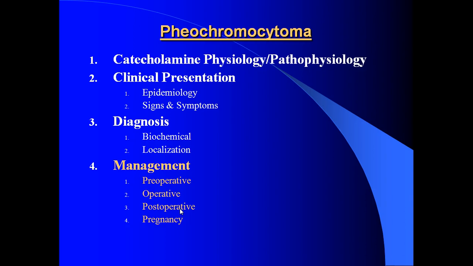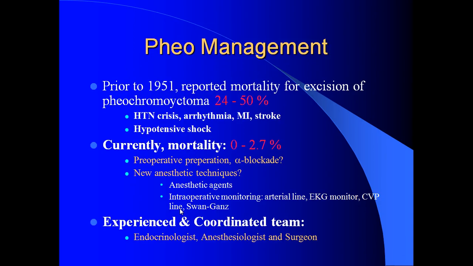There's another thing, that the moment you clamp the adrenal gland vessel before removing it, all the catecholamines which were being released into the blood get blocked, and when they get blocked, then there is a chance of having severe hypertension.